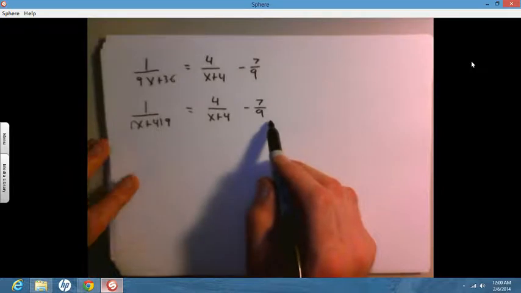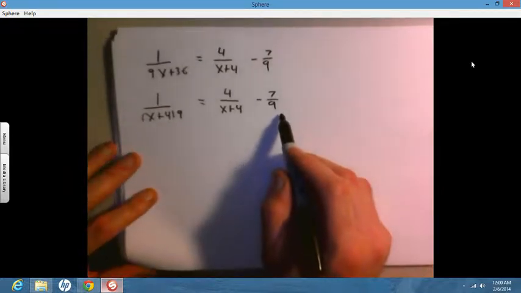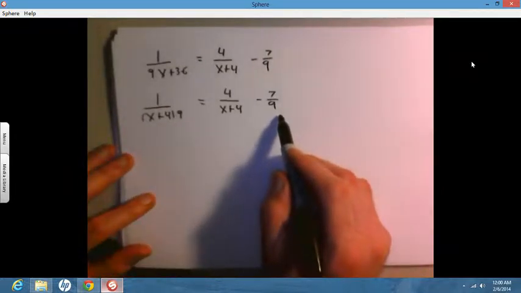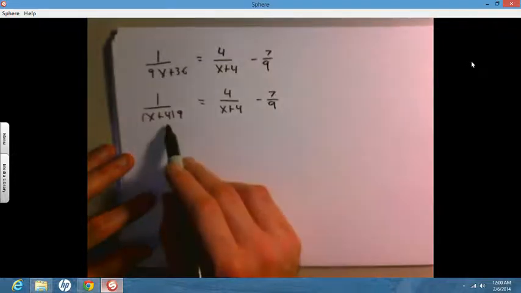And what we're going to do here is multiply every term in the equation by this denominator.